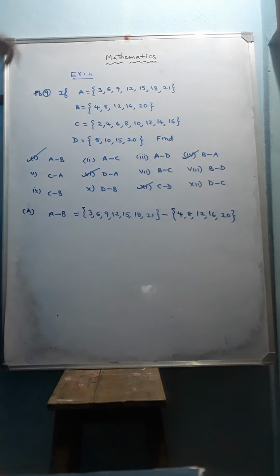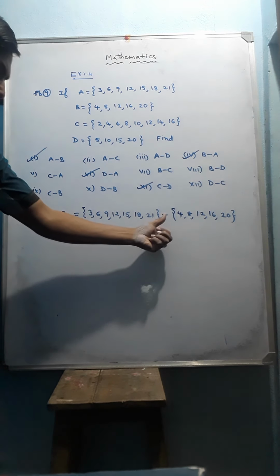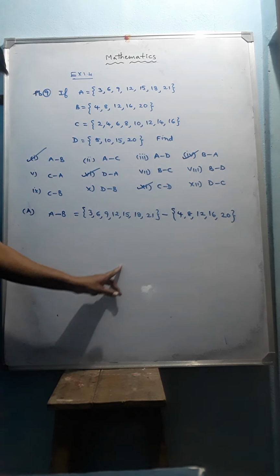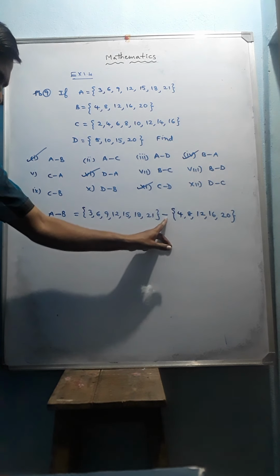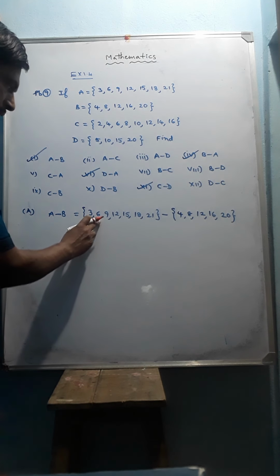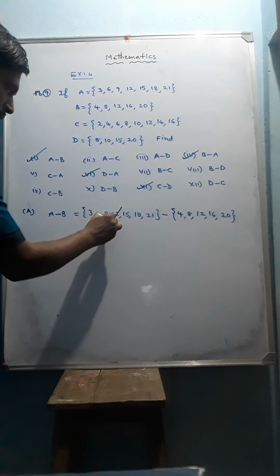Up to now you know very well about union and intersection. When minus is there between two sets, the elements which are common, you cancel in the first set. So 4 is not there, 8 is not there, 12 is there, so cancel.